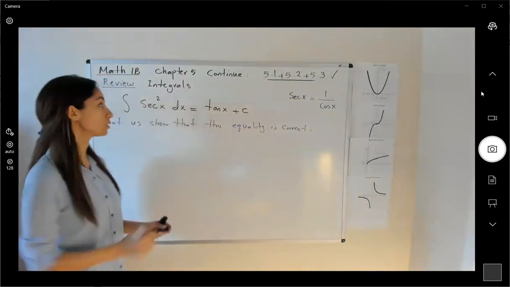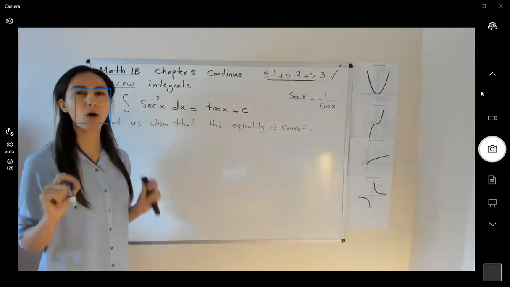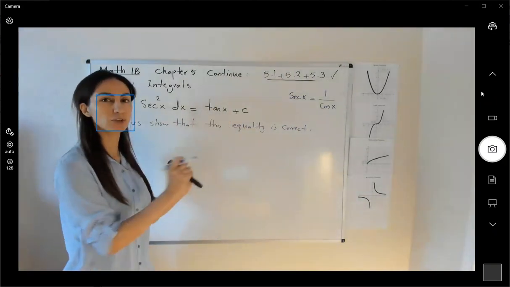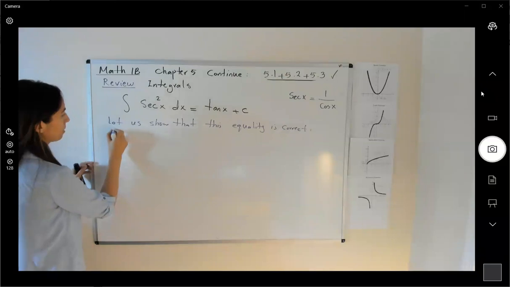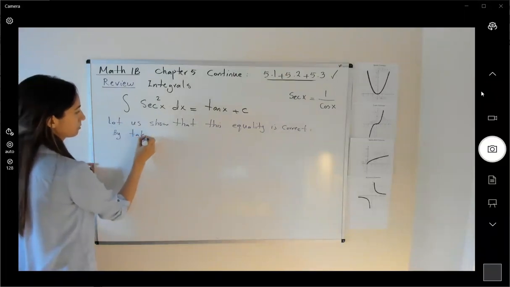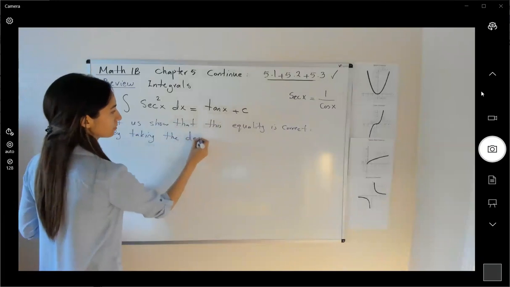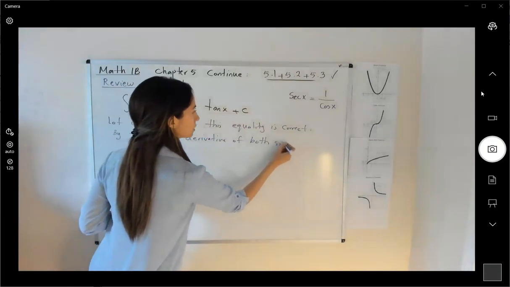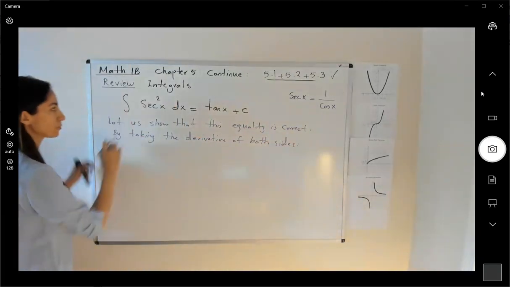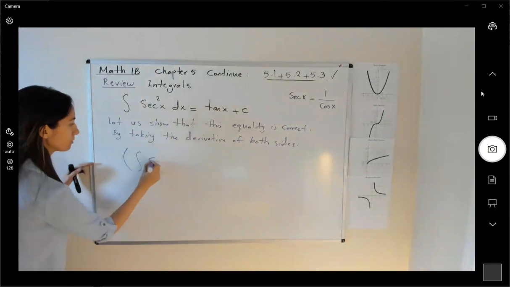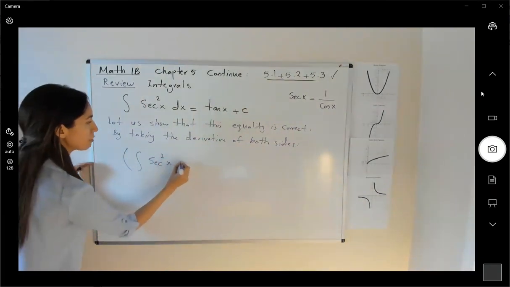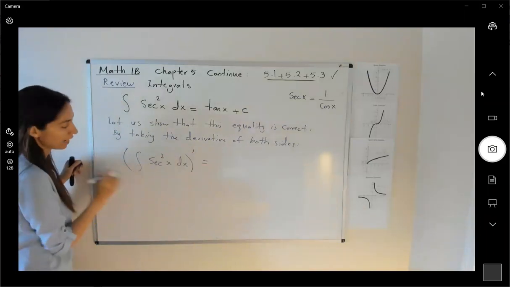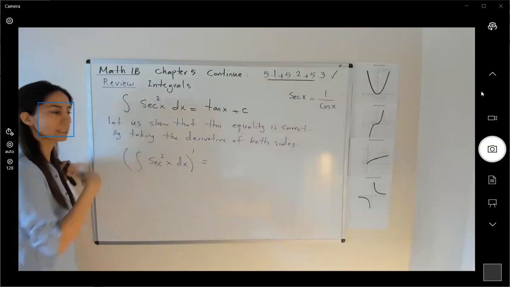When you see a formula about integrals, you can always take the derivative of the left-hand side, take the derivative of the right-hand side, and show that they're equal to each other. By taking the derivative of both sides. The derivative of the integral, by using the fundamental theorem of calculus, we know that the derivative and integral are opposite of each other and they cancel out each other.